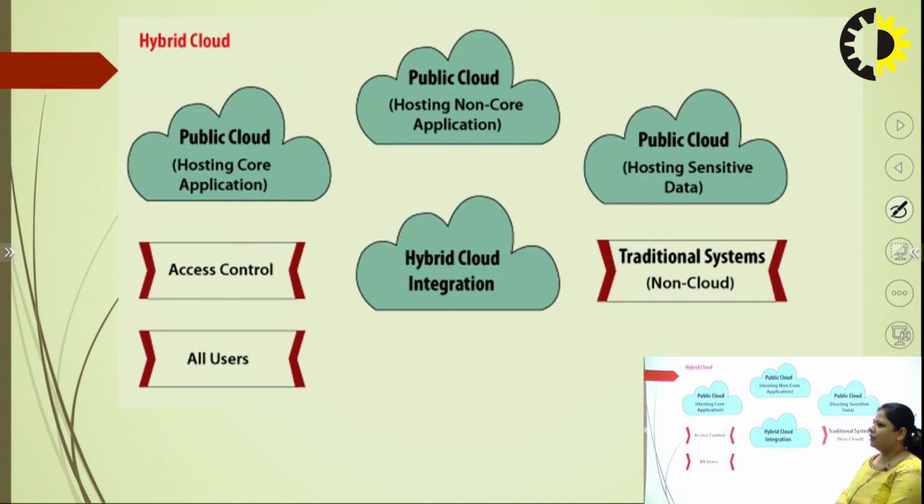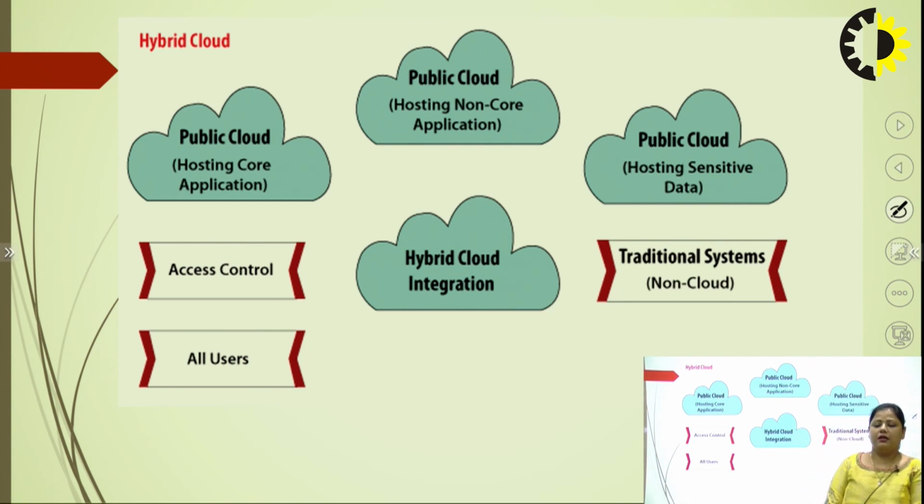This is hybrid cloud. Hybrid cloud is basically a mixture of two clouds, public and private cloud, in which the critical activities are performed using private cloud, while non-critical activities are performed using public cloud.